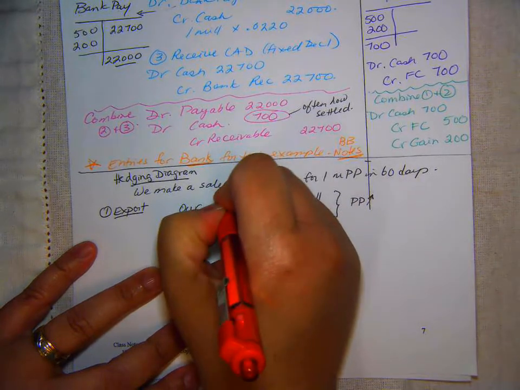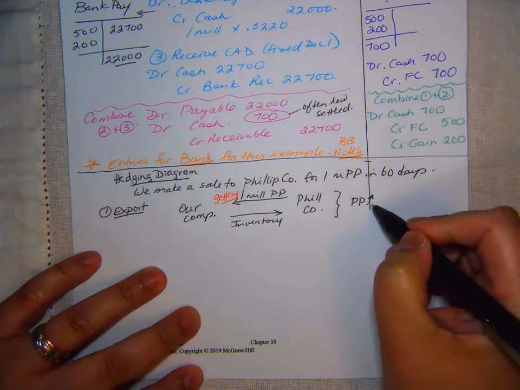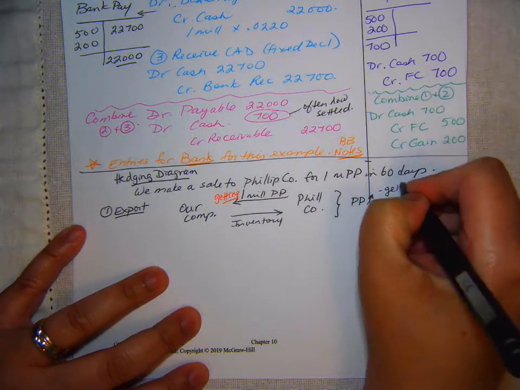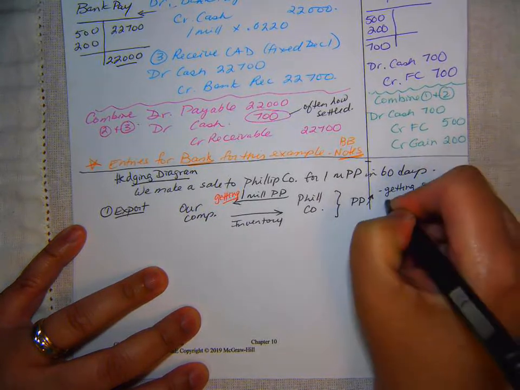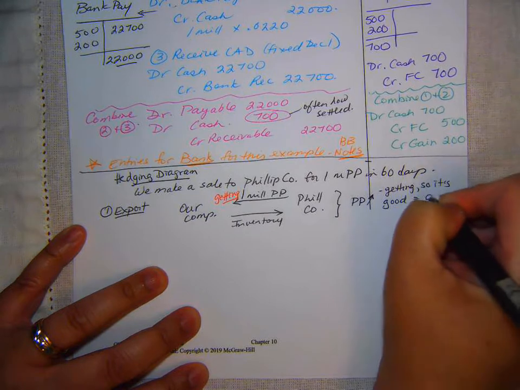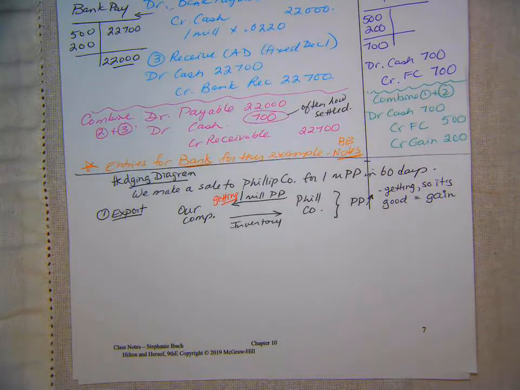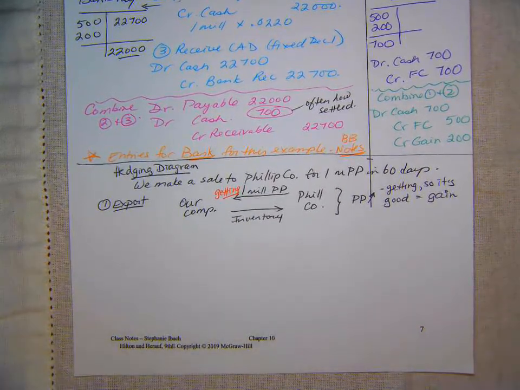We're getting them. So it's good. It's going to be a gain. But as we know, this gives us a level of risk in our company because it might go up, it might go down. Okay? The uncertainty gives us the risk.